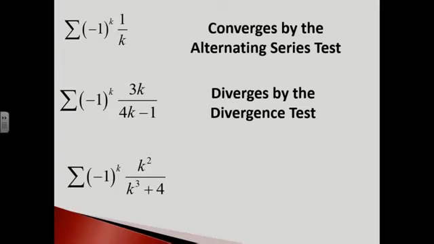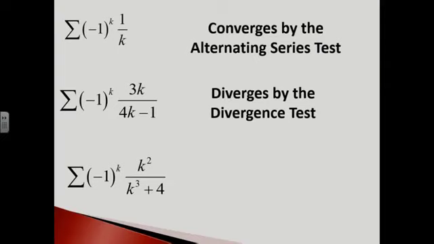The third series is sigma (-1)^k multiplied by k squared divided by k cubed plus 4. The series can be expressed as sigma (-1)^k multiplied by a_k, where a_k equals k squared divided by k cubed plus 4.